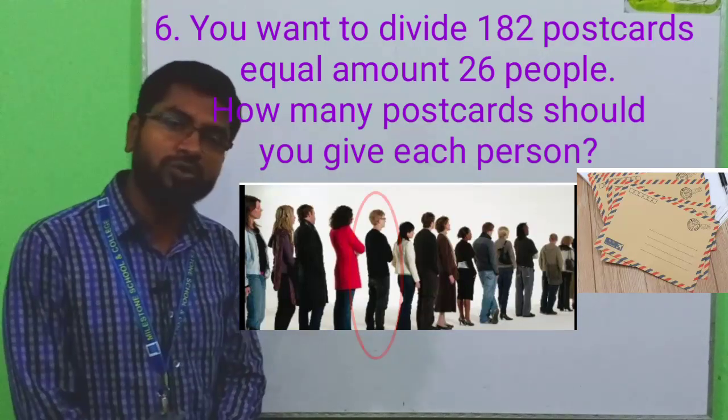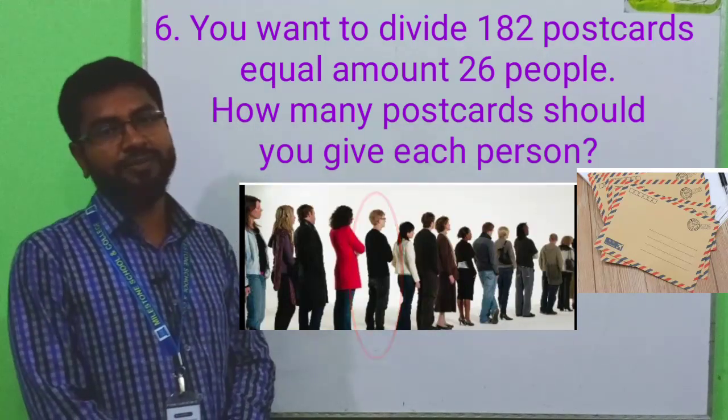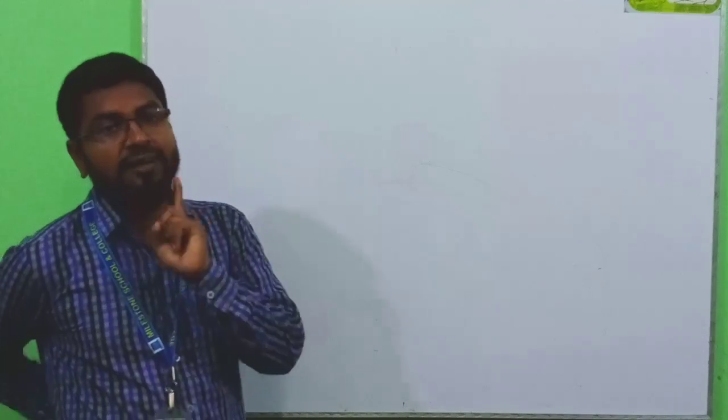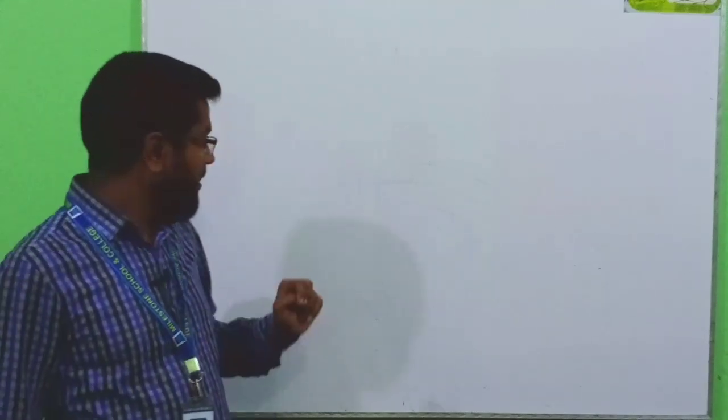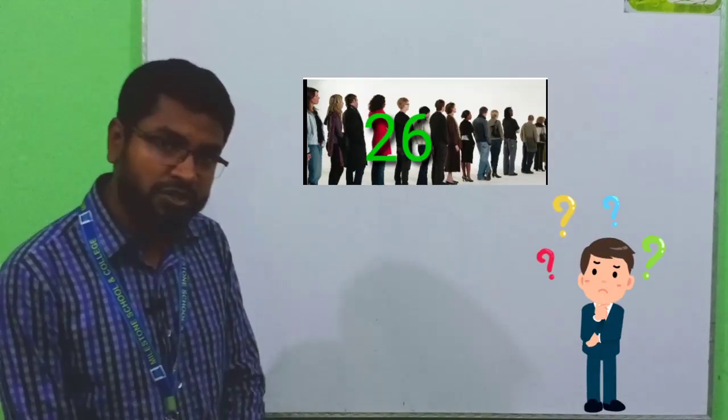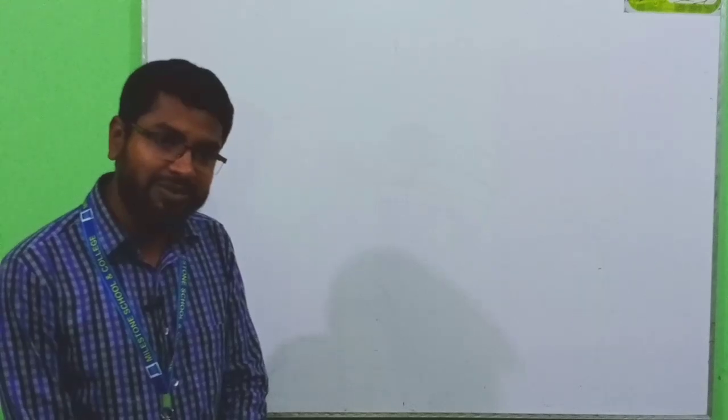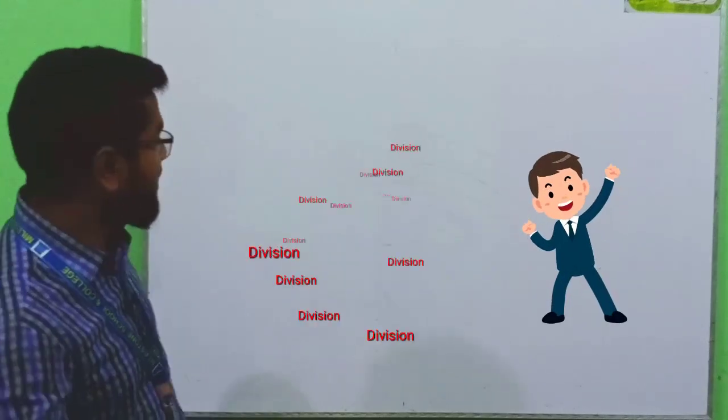So what should we do? Which process do we need to do? Yes, we need to find out one person's postcards. There are 26 people, we need to find out one. What should we do? Which process? Yes, you are right, divide.